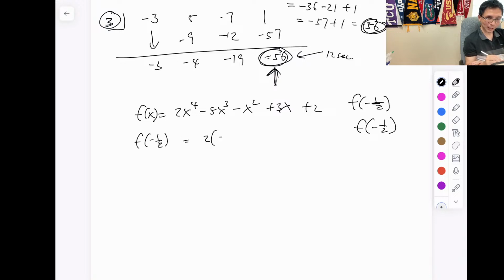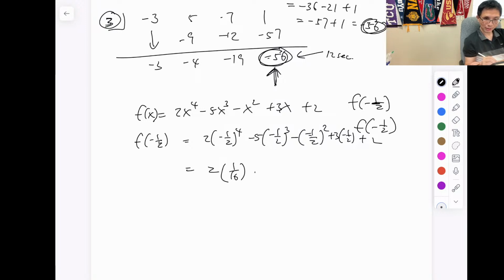2 times negative 1/2 to the 4th minus 5 times negative 1/2 to the 3rd minus negative 1/2 to the 2nd plus 3 times negative 1/2 plus 2, right? So this one is going to be 2 times 1/16. God, that's gross.